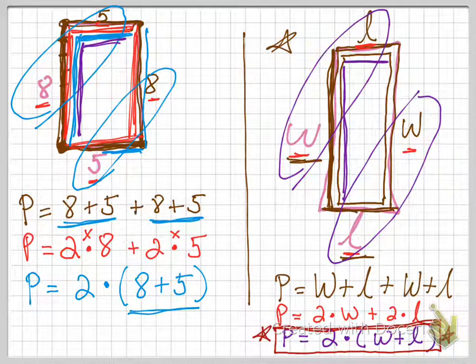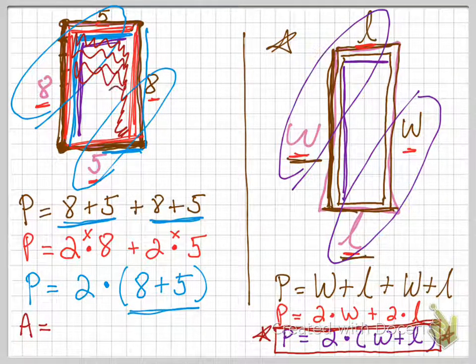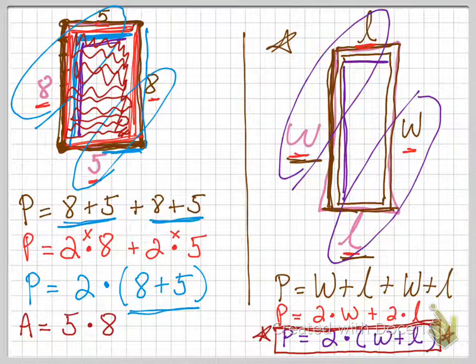To find the area, let's put our A equals. An area is all these little boxes inside of the rectangle. That would give us the area. It's all those little boxes inside. So if we multiplied all of these little squares inside, this would be area equals 5 times 8.